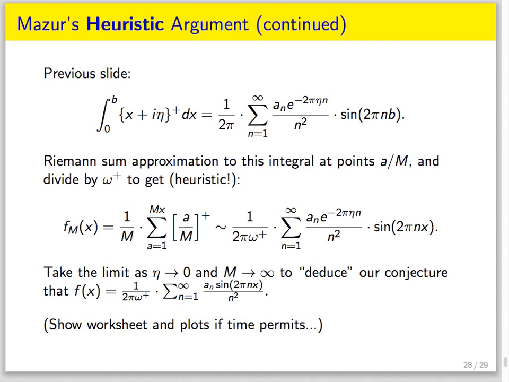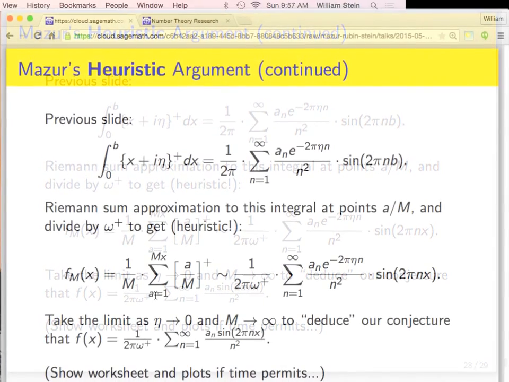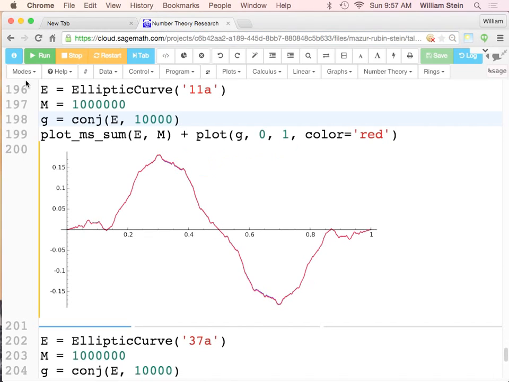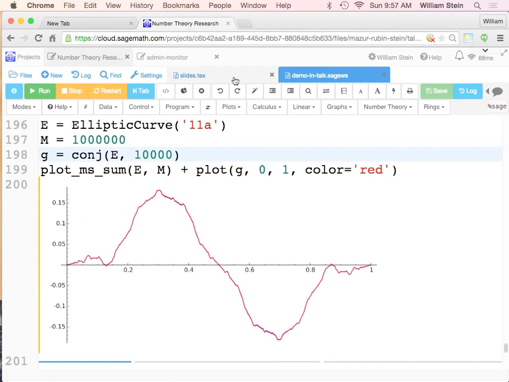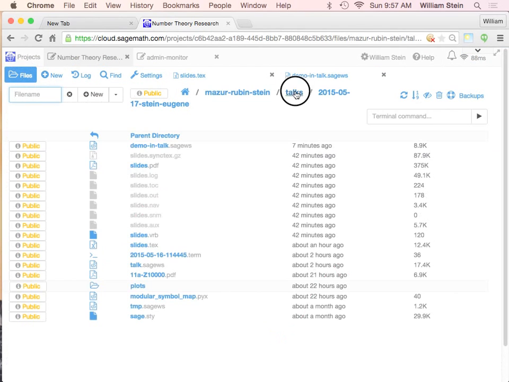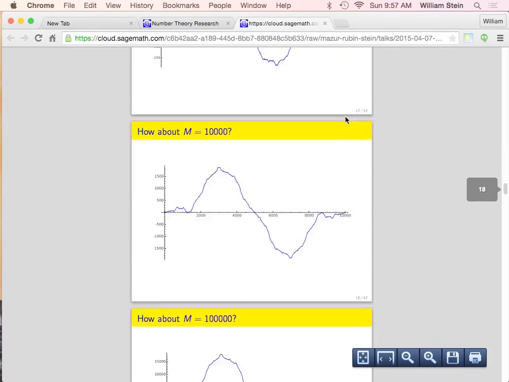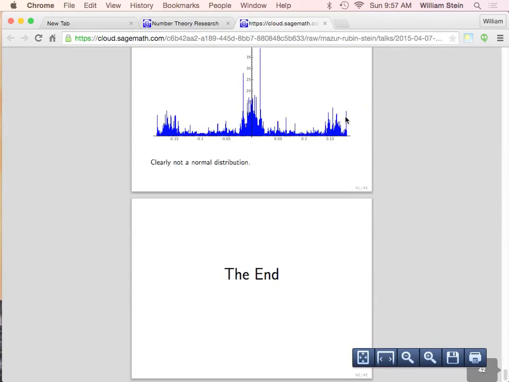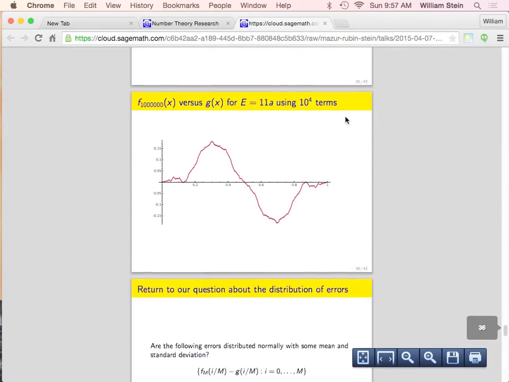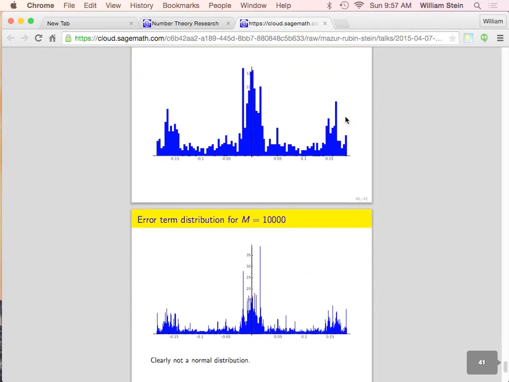Do you have a plot of the difference? Yes. So this is the distribution of the differences.